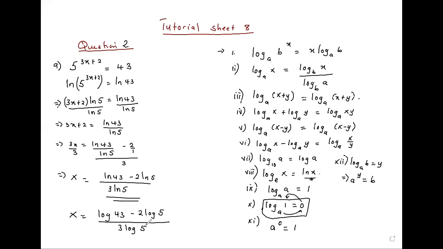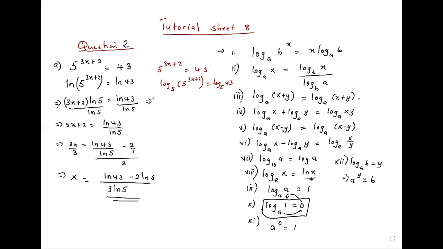If you want, you can even use 5 as a base. Since we are dealing with 5^(3x+2) = 43, I want to apply log base 5. So log 5 of 5^(3x+2) is equal to log 5 of 43.